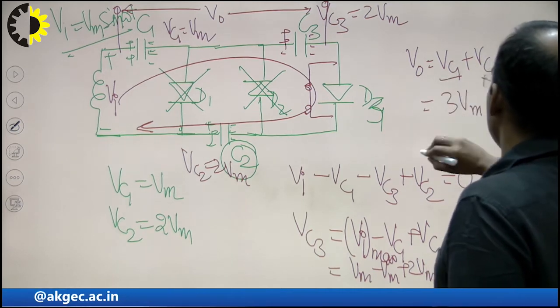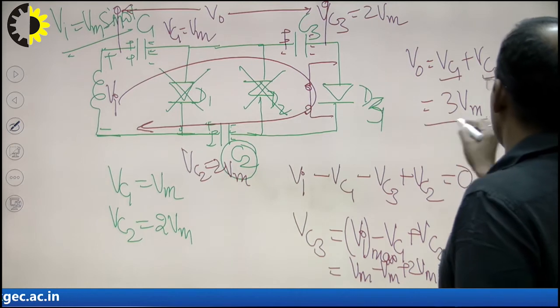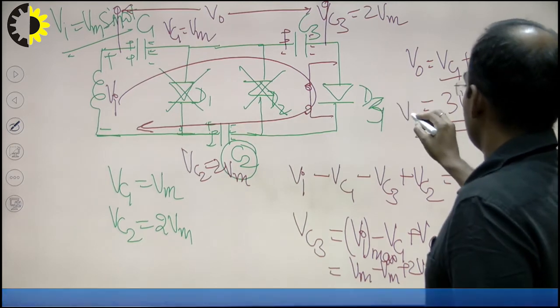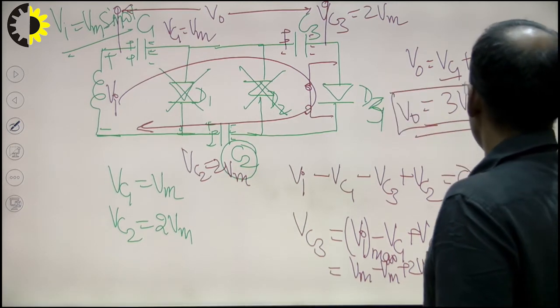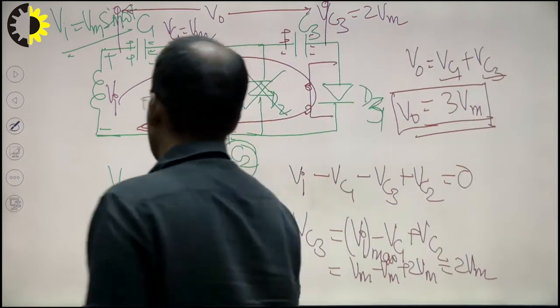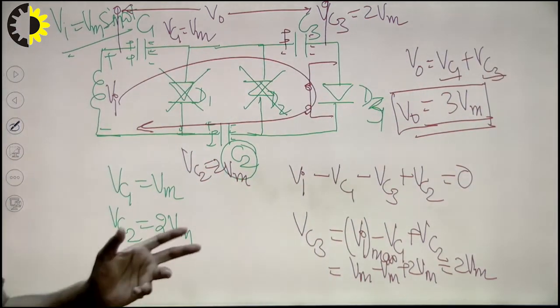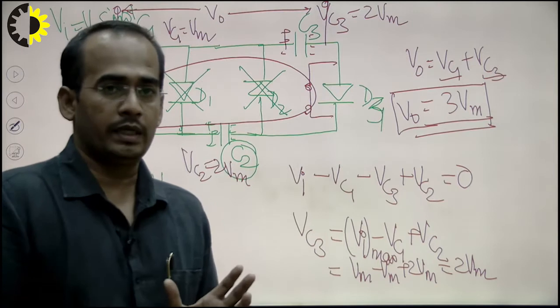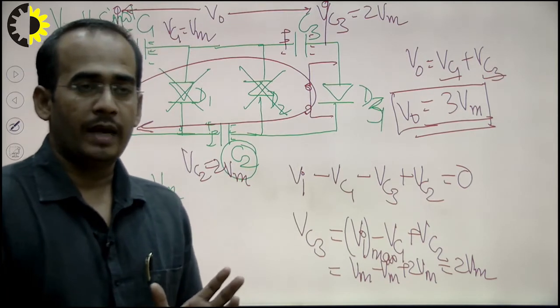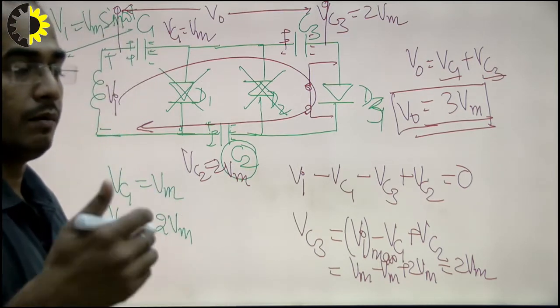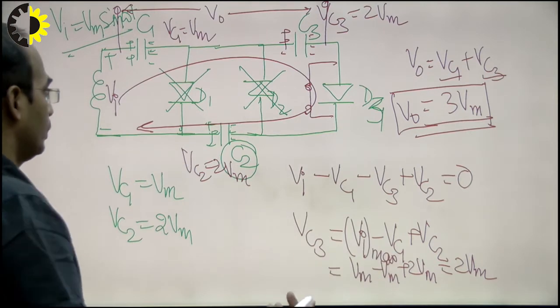Vc1 is Vm, Vc3 is twice of Vm, this will give the output of thrice of Vm. In this way you can say that this voltage tripler circuit is tripling the peak value of the input voltage.